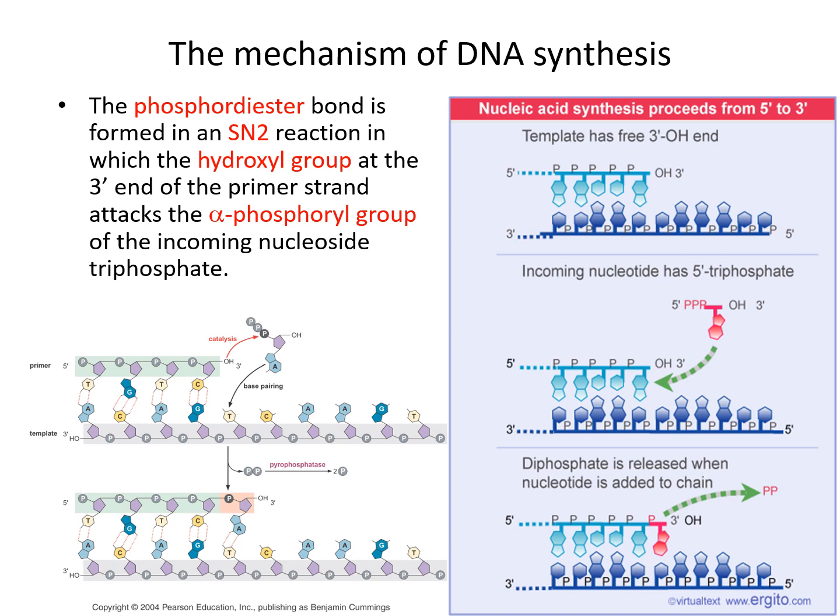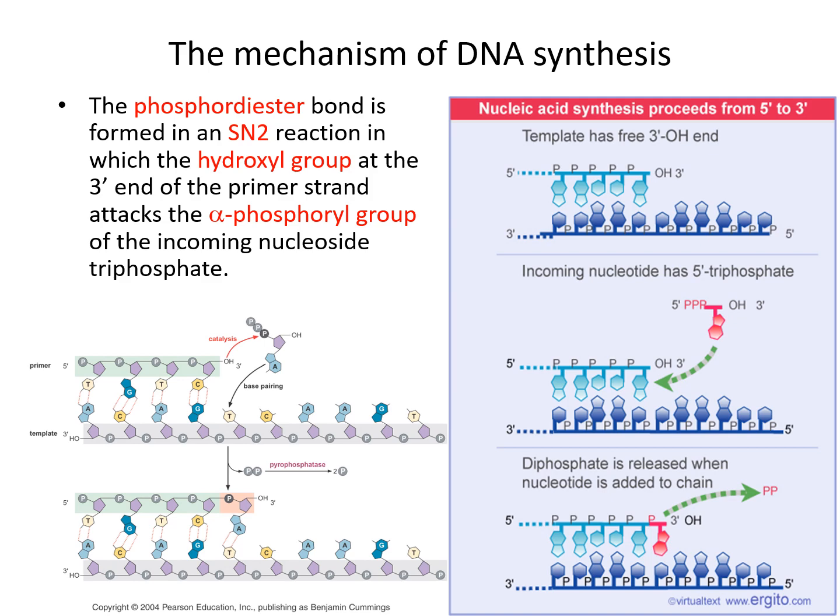It requires a 3' hydroxyl group, because this will attack this alpha phosphate and then release the pyrophosphate and form the phosphodiester bond between the 3' oxygen and this 5' phosphate, right? So they will form this phosphodiester bond and release the pyrophosphate.